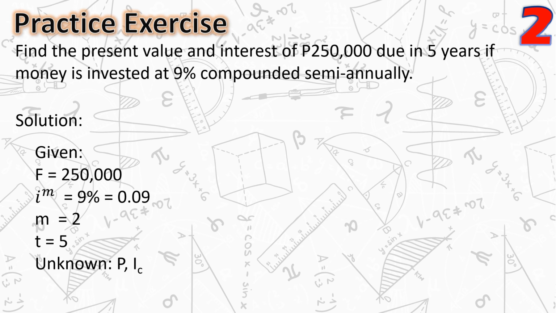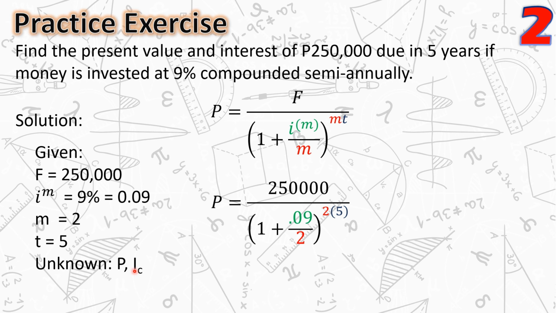So the given information are future value 250,000 pesos, nominal rate is 0.09, frequency of conversion is 2, term is 5 years. We're looking for the principal and the compound interest. Using the formula, we substitute the values. We have 250,000 over 1 plus 0.09 over 2 raised to 2 times 5.